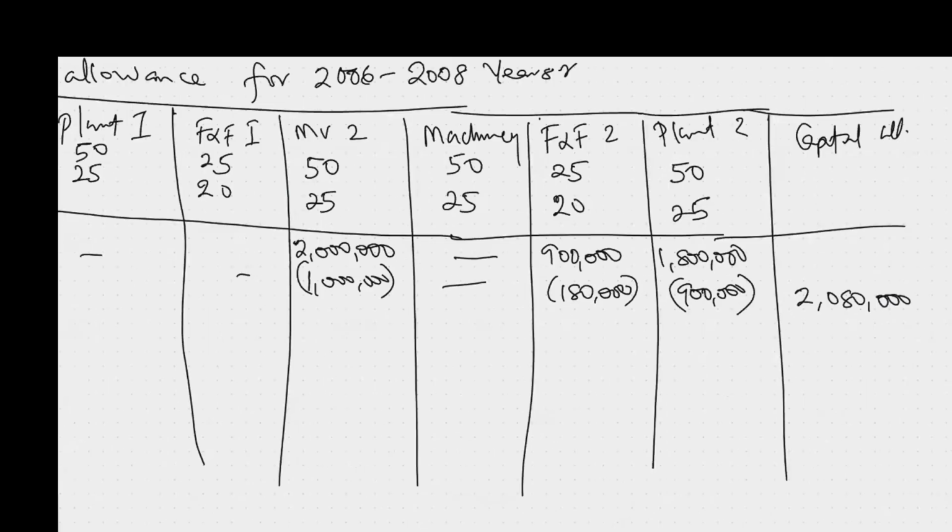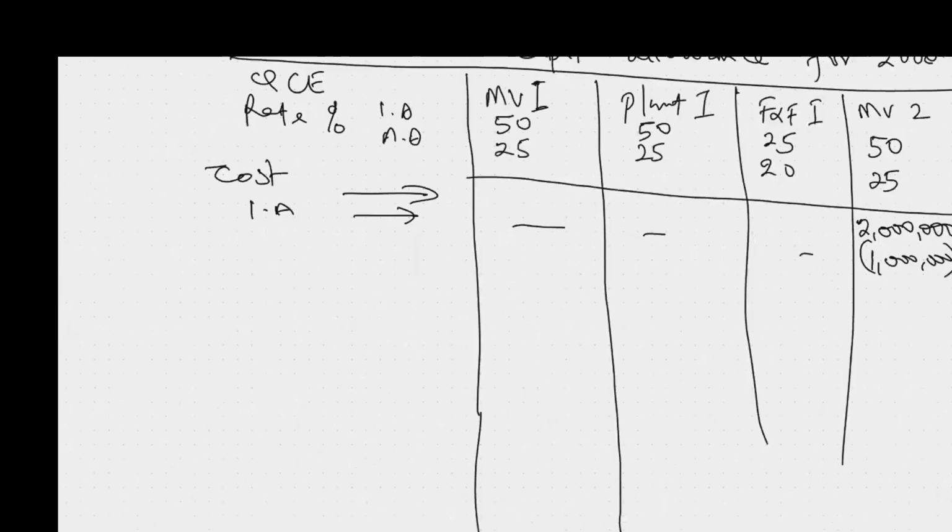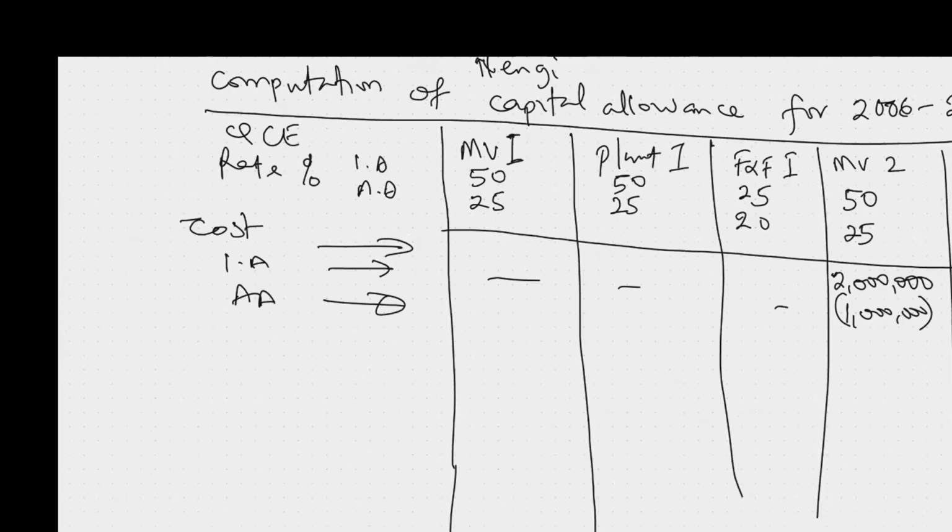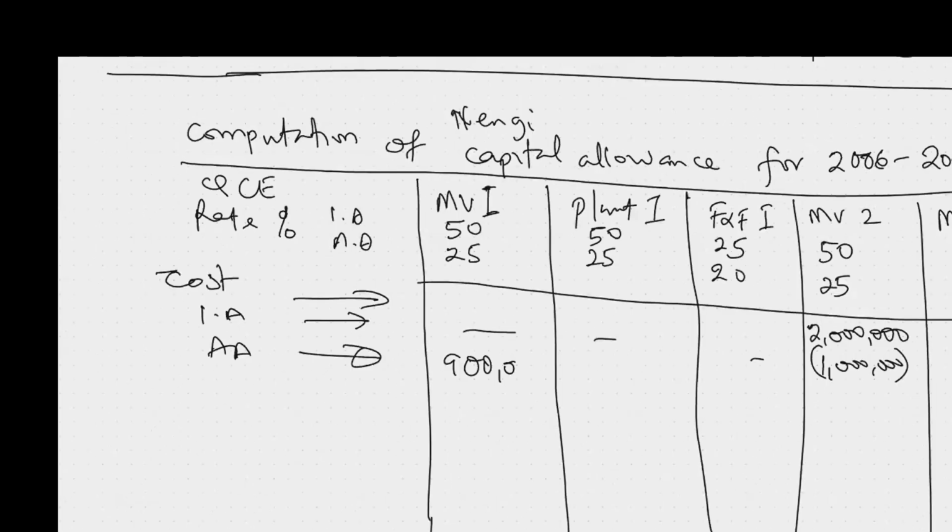Annual allowance. Now, annual allowance for this was 900,000. But before that, we also have the tax original value. Let's bring it in somewhere.